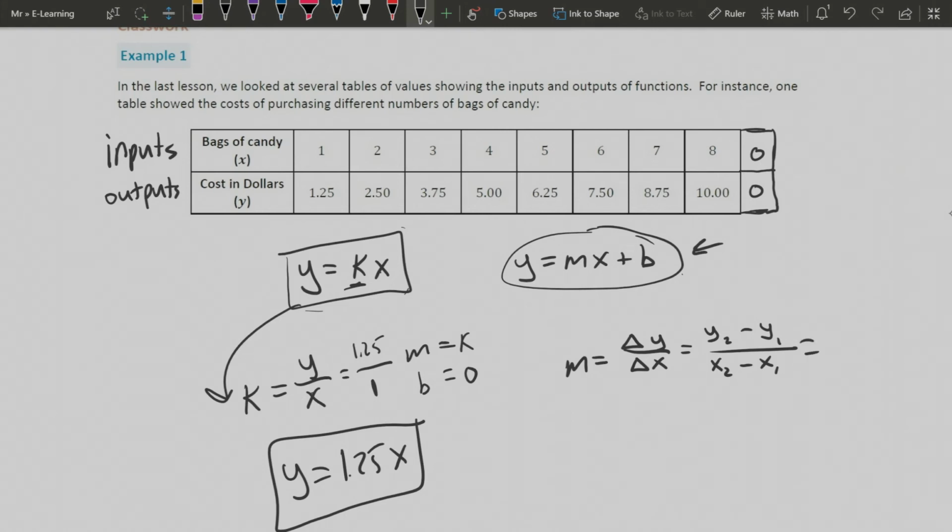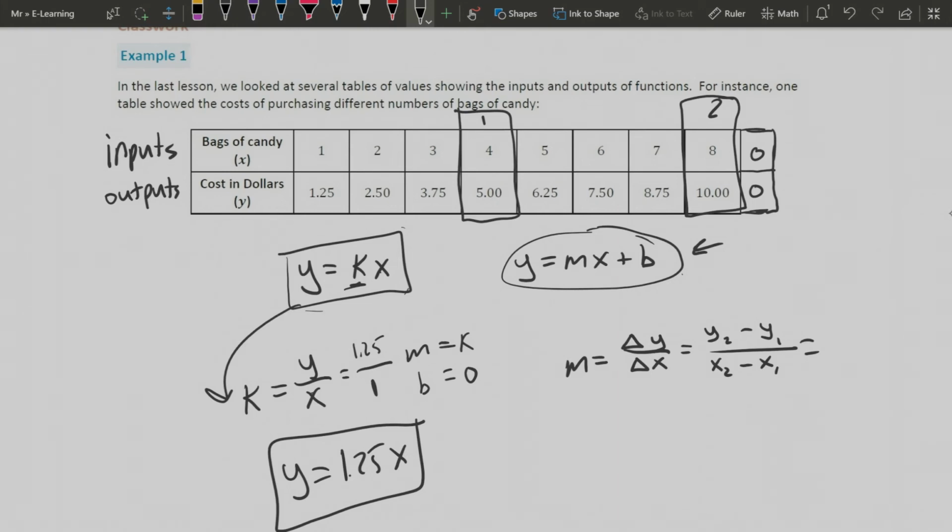Okay. So if we do this as an example, let me just pick my pair x2, y2 to be this column here, and x1, y1, I'll just pick this one here.